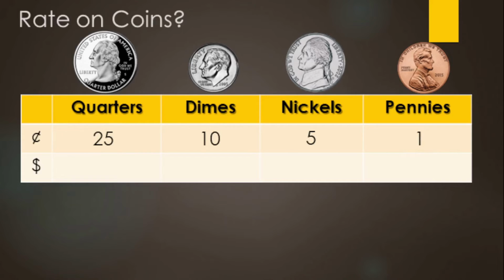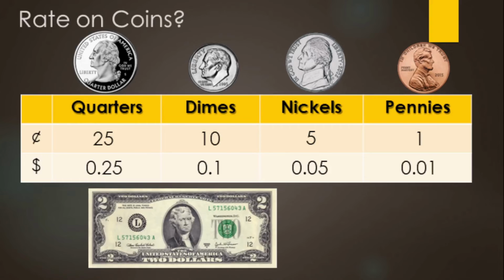If you're thinking dollars, that's going to be 0.25 for quarters, dimes 0.1, nickels 0.05, pennies 0.01. We can do the same thing with dollar bills. When we're looking at these situations that deal with money, we do want to stay either all in cents or all in dollars. So your $2 bill would be 2, or if you're thinking cents, 200 cents would be the rate per $2 bill here.